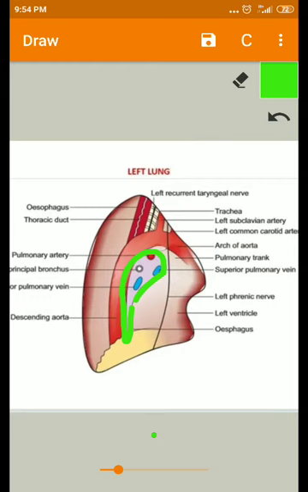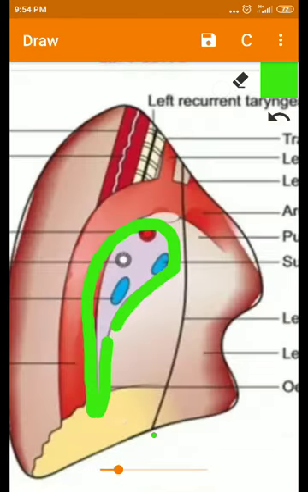After this, the left recurrent laryngeal nerve is present on the left side of the trachea. So here we can see the left side of the trachea. Then this one is the esophagus, the entire red one is the esophagus.